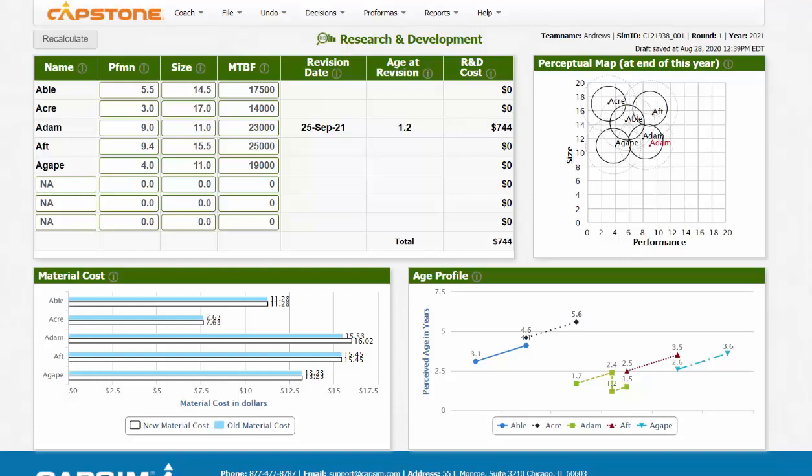So let me demonstrate this to you. Let's say I want to change my low-end product, Acre. We know that it is our low-end product because it is in the circle on the perceptual map that represents what low-end customers like to buy. Let's assume that I do not want to change its positioning, but I do want to lower the MTBF from 14,000 to 13,000.